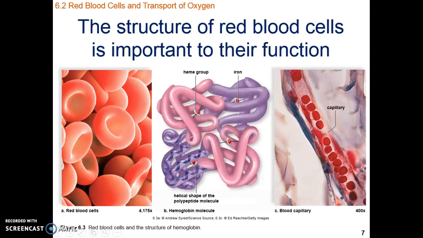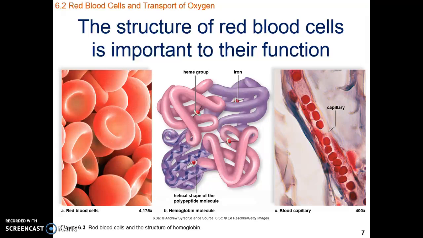All right, the structure of red blood cells is very important to their ability to transport oxygen. In figure 6.3a on the left there, you see a very pretty picture of red blood cells. And this is not actually our cartoon rendition of the red blood cells, but that's actually what they look like. And if you have a very good microscope and a good sample, you can see that they look almost like donut peaches.